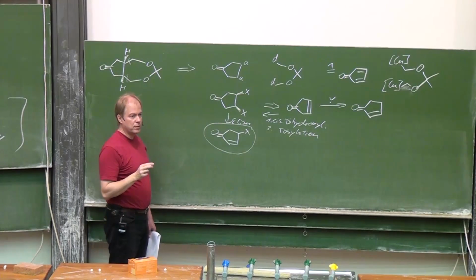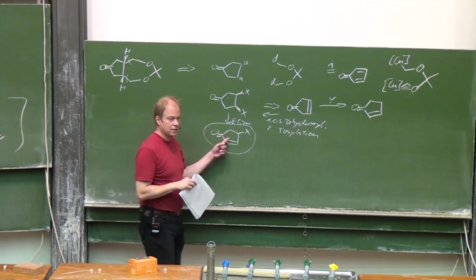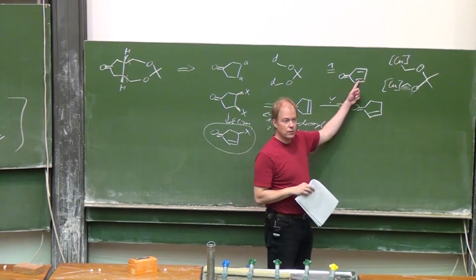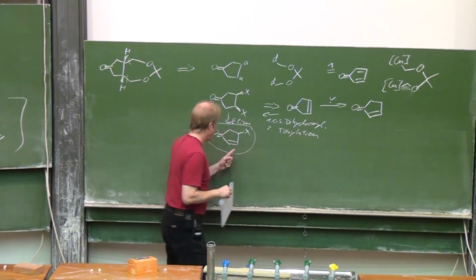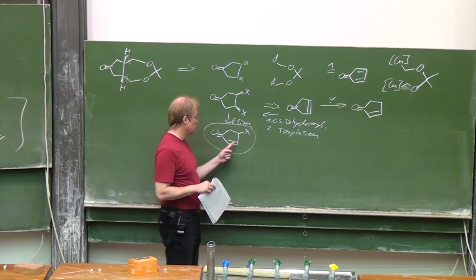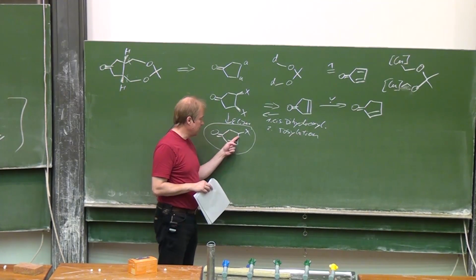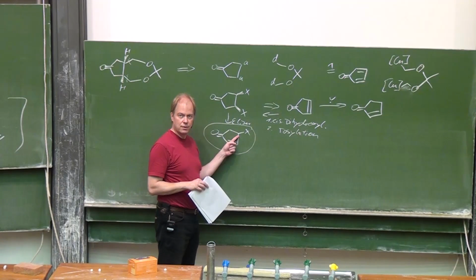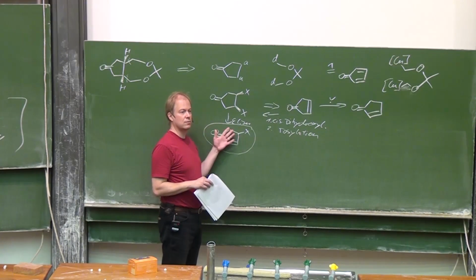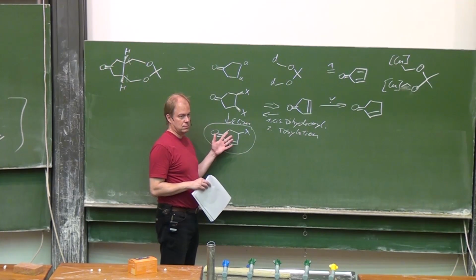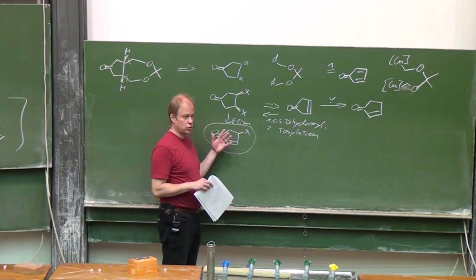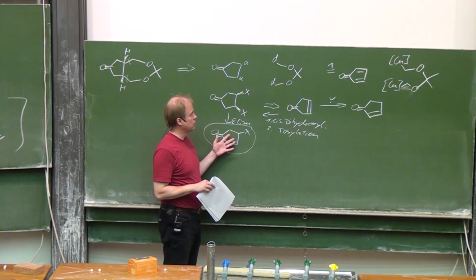have been applied as synthetic equivalents for this one, since after the first cuprate addition, then an elimination could take place here, and later on, normally as a two-step process, performing two cuprate additions, conjugate addition reactions.